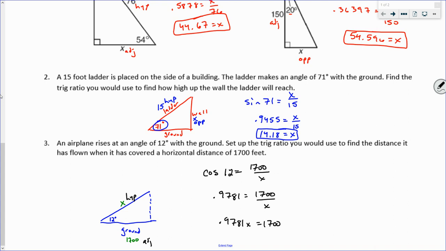Divide off the decimal. So when it's covered 1,700 feet horizontally, it's covered roughly 1,737.98 feet total, because it's also flying upwards. All right, now that's always finding a missing side.